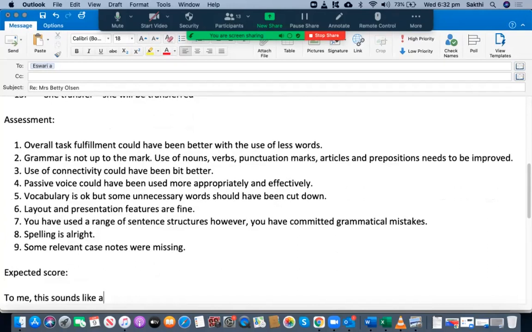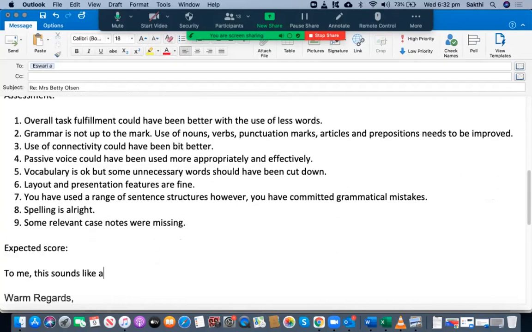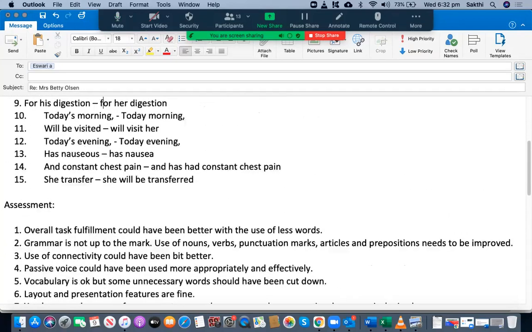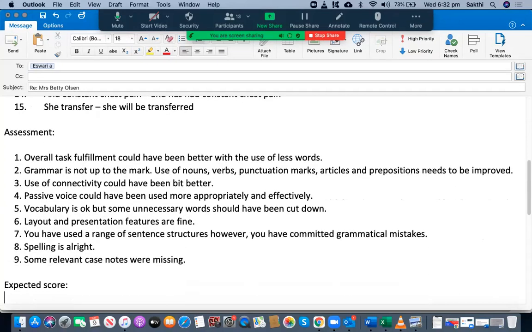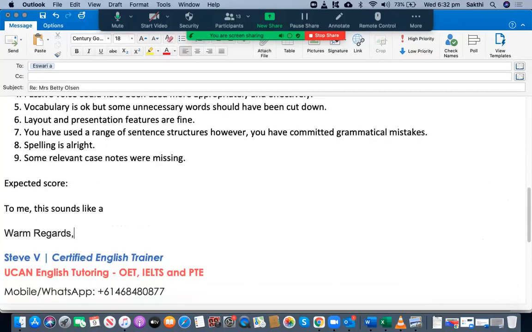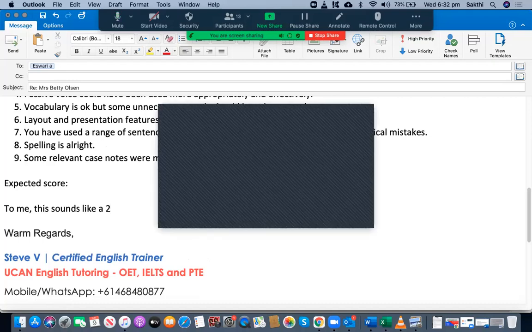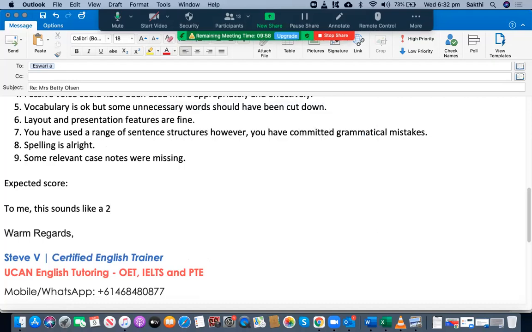After looking at the severity and the frequency of the mistakes, according to me, this sounds less than a C plus grade. It's not good. You have committed several mistakes that can be easily identified and rectified when you proofread it. You should have done that. According to me, this one can get you maybe 270 or 280 maximum. It shouldn't get more than that, unfortunately.